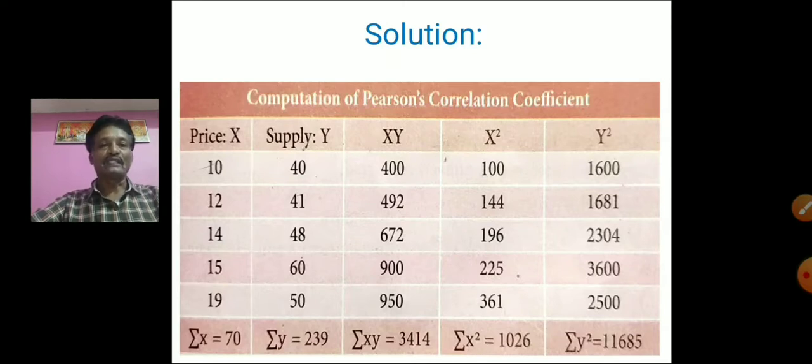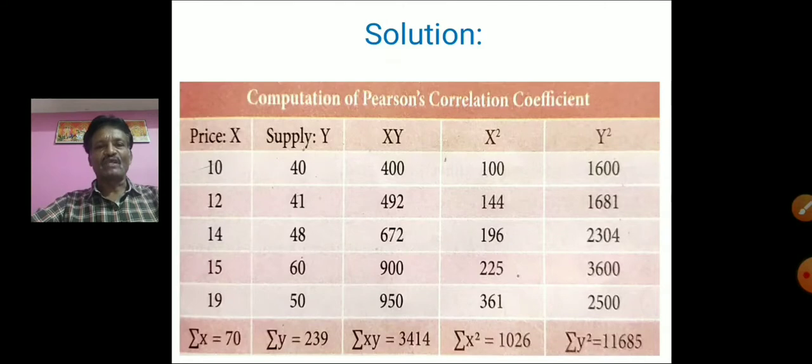So now you take the sum total of all the x square values and it should be denoted by sigma x square. Here the total is equal to 1026. So sigma x square equal to 1026.